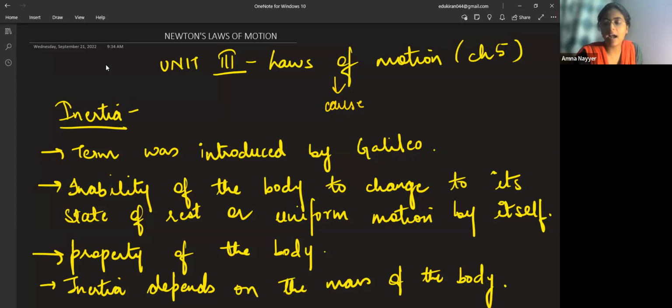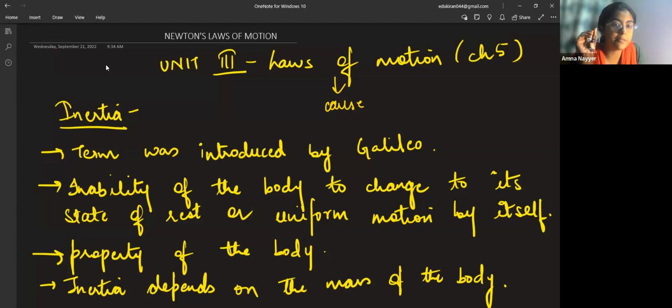Or let's say I have taken this pen and I've kept it over here. This isn't moving. This pen is not moving. So it is able to maintain its state of rest. That property we call inertia. This is not the force which is stopping it. Forces are different. There will be a gravitational force acting downwards, a normal reaction acting perpendicular, and some friction force would also be there.